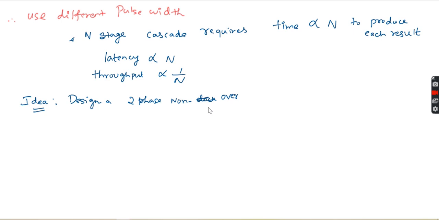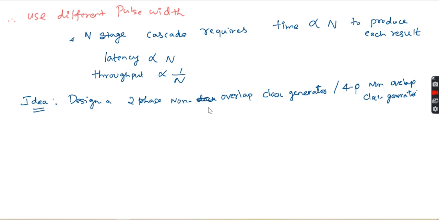Two-phase means I get only two outputs. If I want three or four, it is called a four-phase non-overlap clock generator. That is a separate circuit, and we need to design that circuit. It has to be given as an input, then it will work.